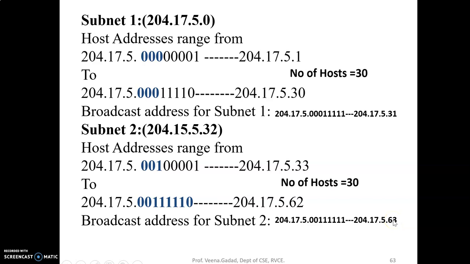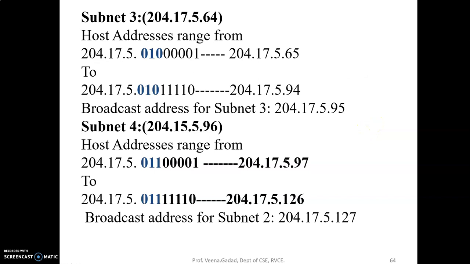Similarly, and one more thing, the total number of addressable hosts will be 30 each. Actual addresses are 32, however usable IP addresses will be 30 because one goes for the network address and one goes for the broadcast address, right? So subnet 3 will be 10.